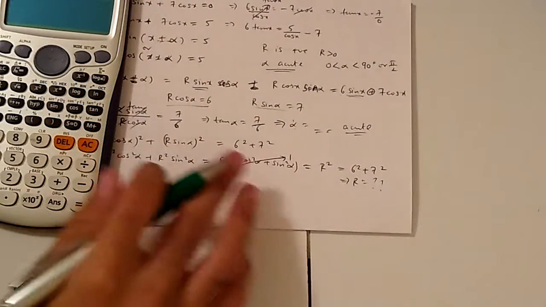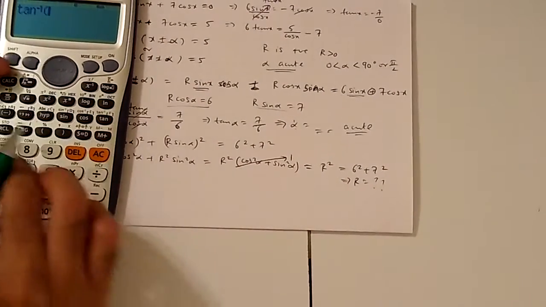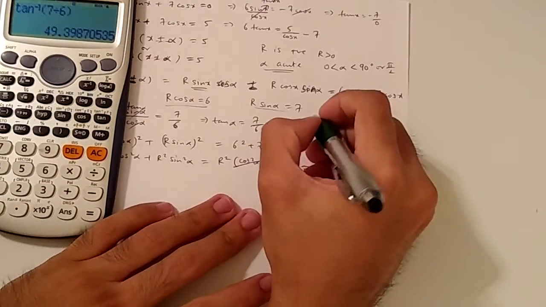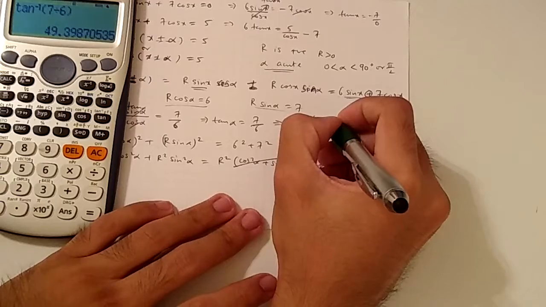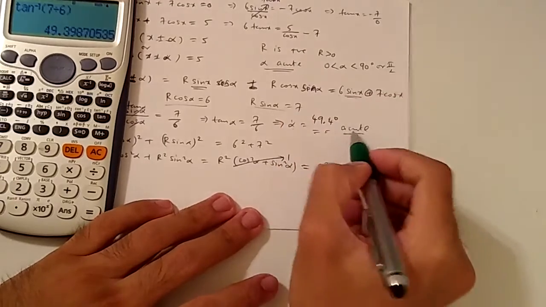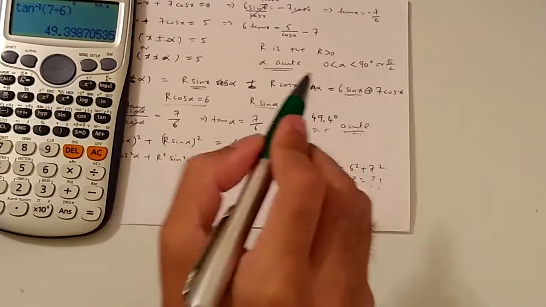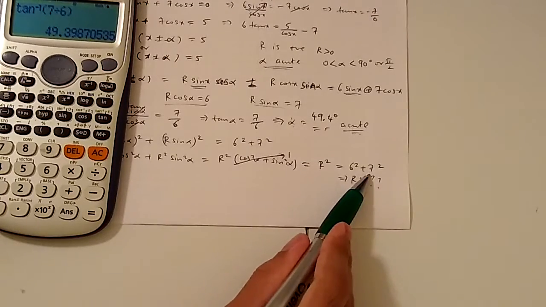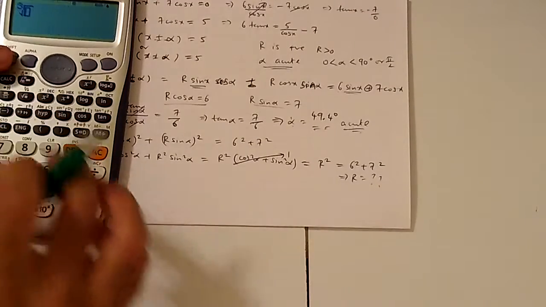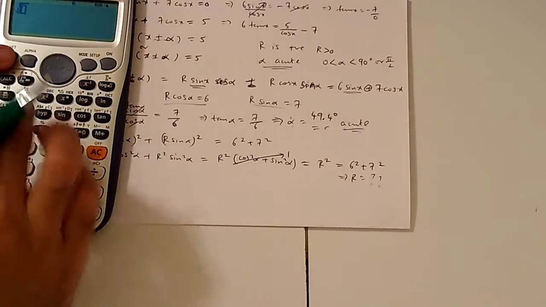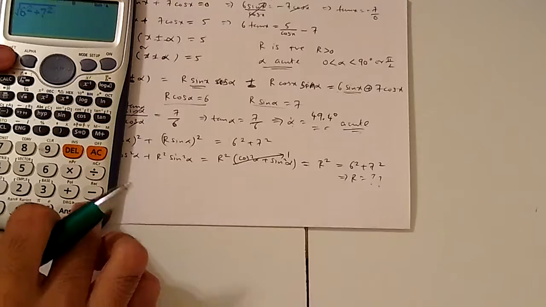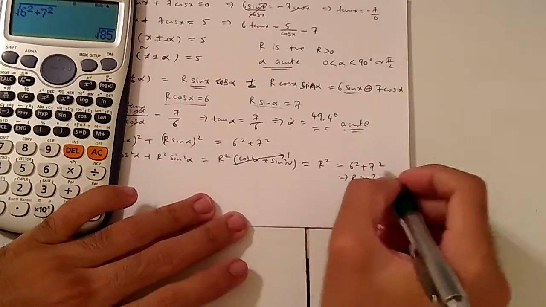For the first one, alpha is equal to tan inverse of 7 by 6, and that is equal to 49.4 degrees. We're just using one answer, we just need the acute angle. For R we have the root of 6 square plus 7 square, and that is equal to root 85.